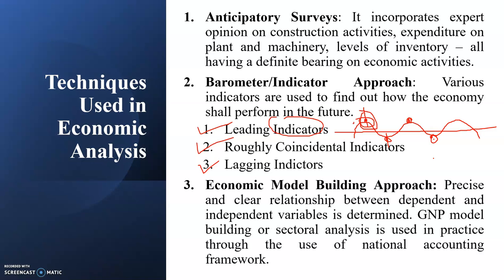Then we have another technique in economic analysis, the econometric model building approach. This is one of the most precise and clear methods. Here you need to know econometrics. Basically, it is a precise and clear relationship between dependent and independent variables.